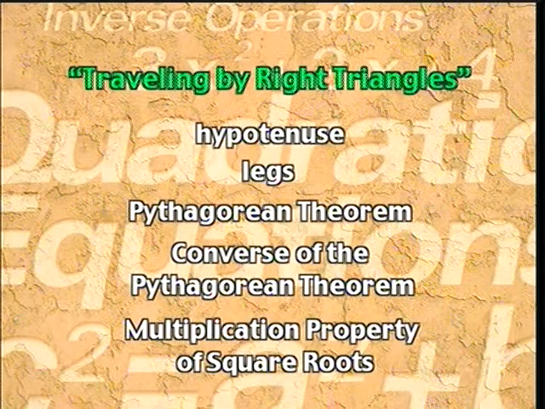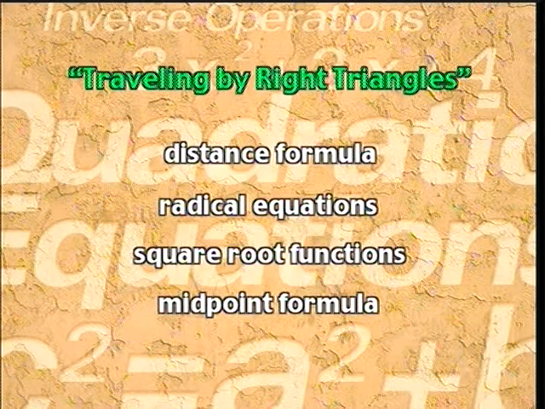We talked about the multiplication property of square roots to be able to resolve a square root and to find the exact or approximate value of that square root, such as the distance it took us to get from Los Angeles to Orlando. We also used the distance formula, the radical equations, the square root functions, and the midpoint formula.